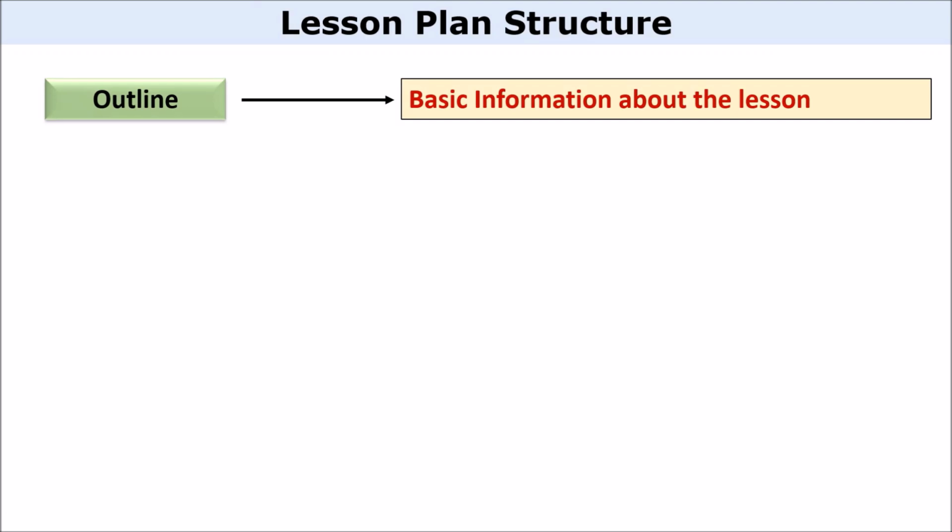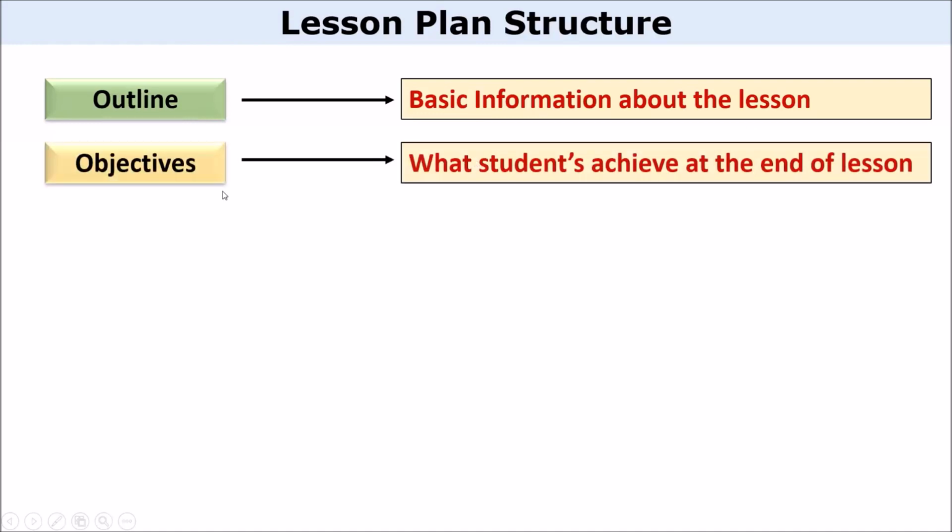On the outline, you want to specify this basic information, the date. Under outline, remember, you want to mention basic information about the lesson. Then objectives, the next important part.